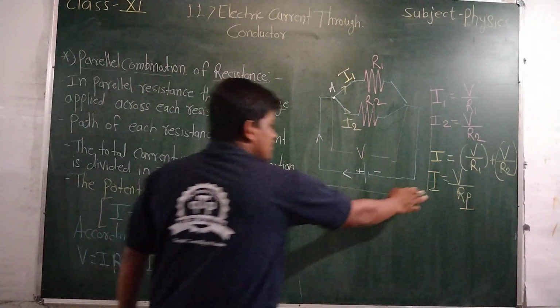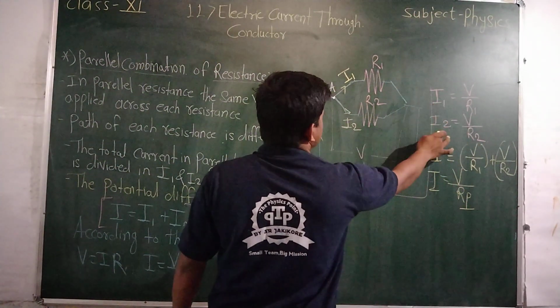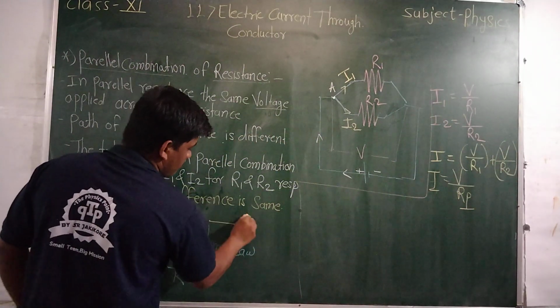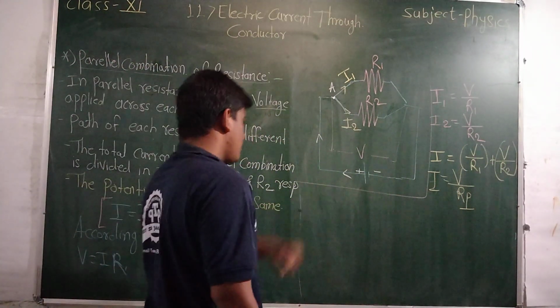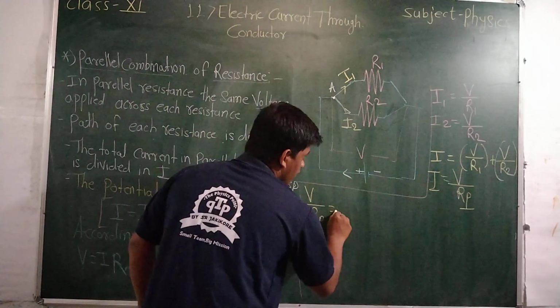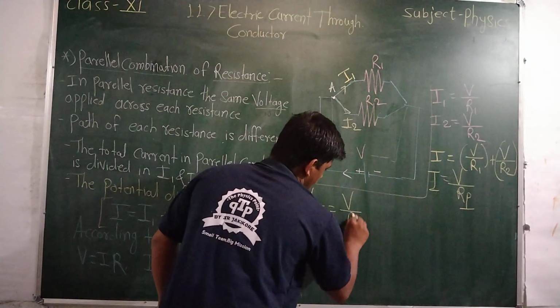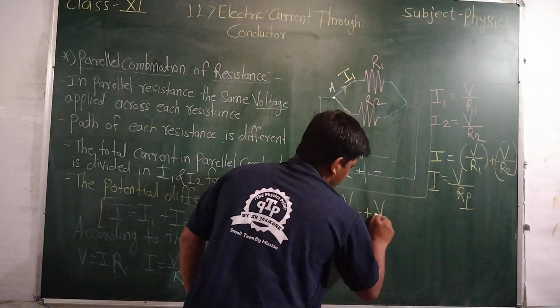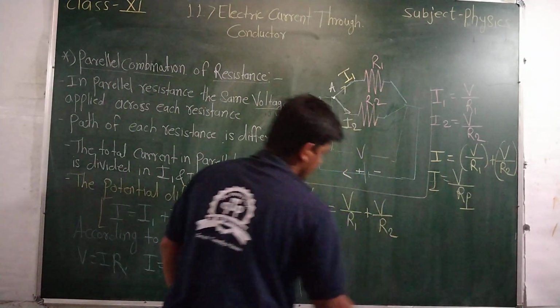Then I is equal to I1 plus I2 by equation number 1. So I is equal to V upon RP, which is equal to V upon R1 plus V upon R2.